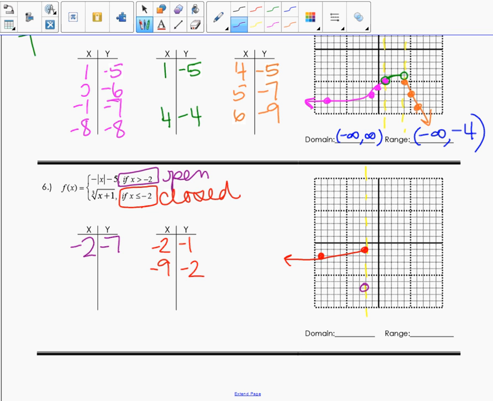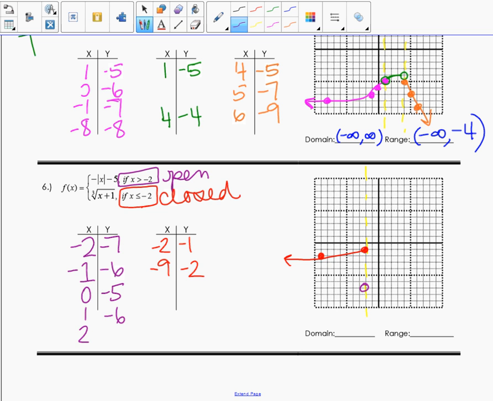And then we want x is greater than that. So anything bigger, now remember, we're still looking for that v. So we're going to go negative 1, 0, 1, 2, and see if we're starting to see our v in there and finding our vertex. So when x is negative 1, we're at negative 6. When x is 0, we're at negative 5. When x is 1, we're at negative 6.